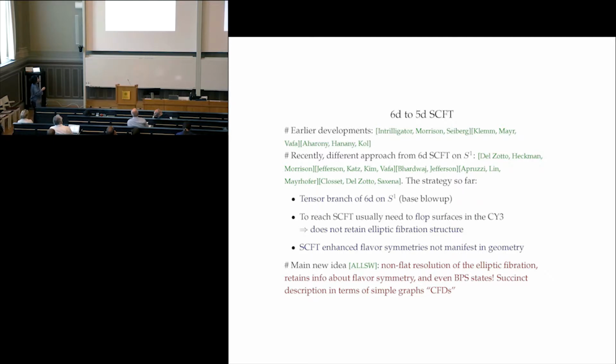In particular, when you pass from a given CFT to another, you have to do a flop transition, and those don't necessarily retain the elliptic fibration structure. So what we'll try to do is actually keep that through, and that's what will encode the flavor symmetry of the CFT. So the new idea is to really use these non-flat resolutions to keep tracking the flavor symmetries throughout the RG flow chain.